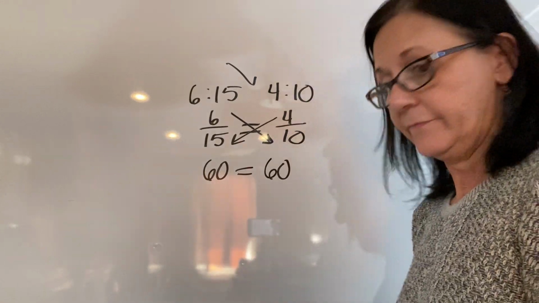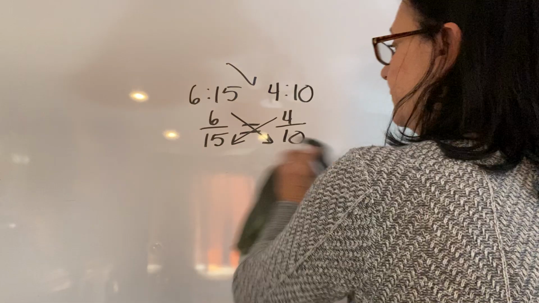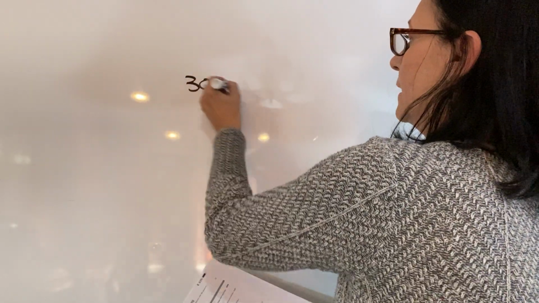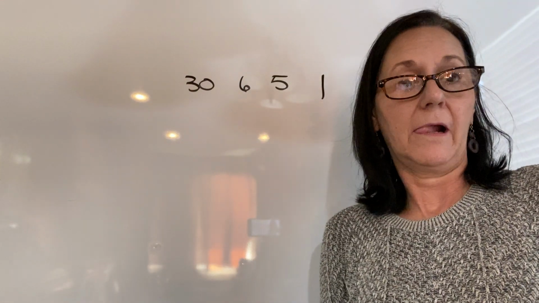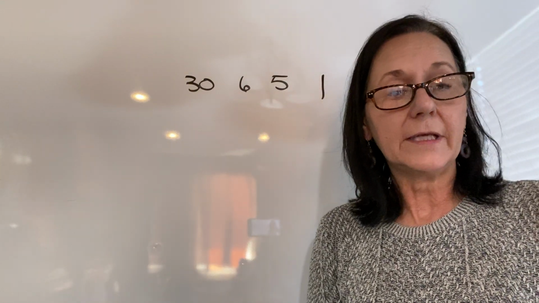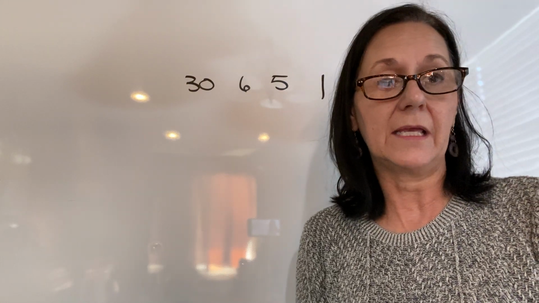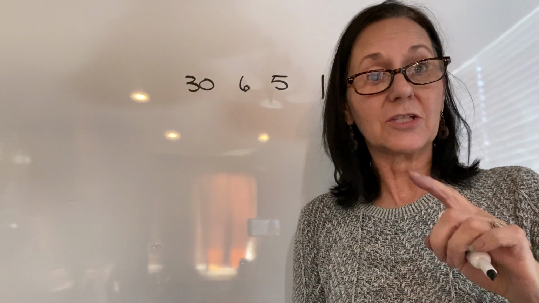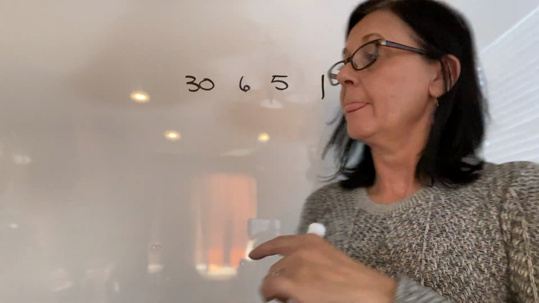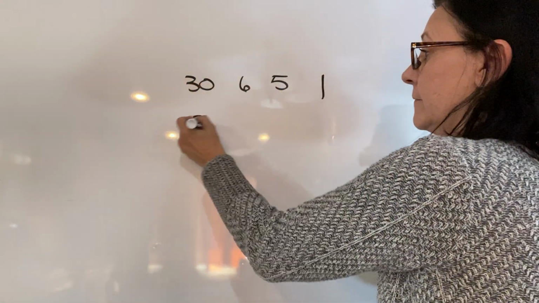four numbers. If I just gave you 4 numbers, 30, 6, 5, and 1, could we write equivalent ratios? Well, I look to see which products equal, and that's going to be my extremes and my means. I know 30 times 1 is 30.